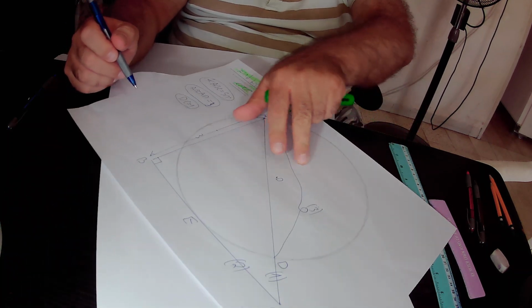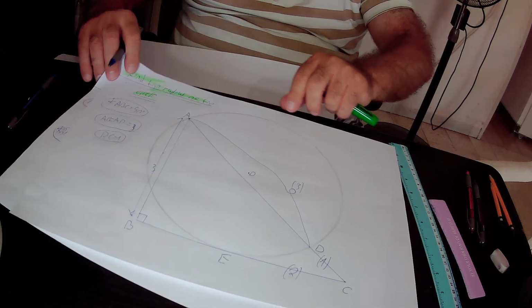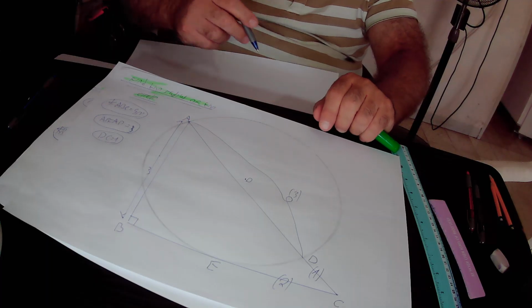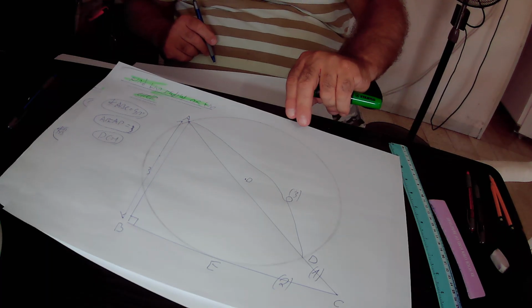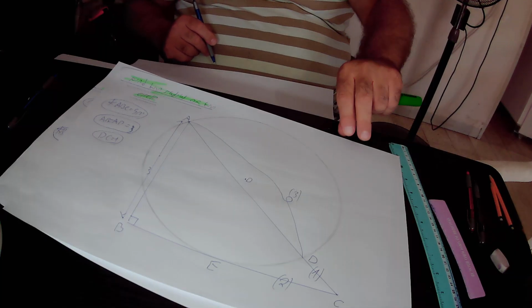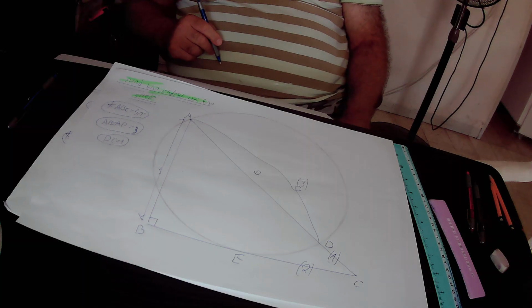In the next step, we will implement the Pythagoras theorem on this right triangle ABC. According to the Pythagoras theorem, in any right triangle, the square of the hypotenuse equals the sum of the squares of the perpendiculars.